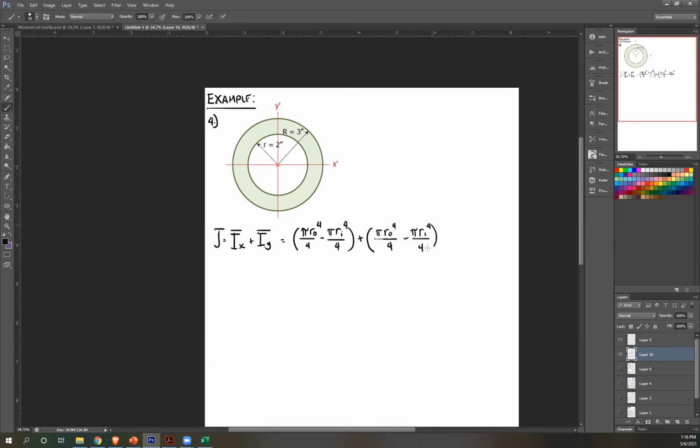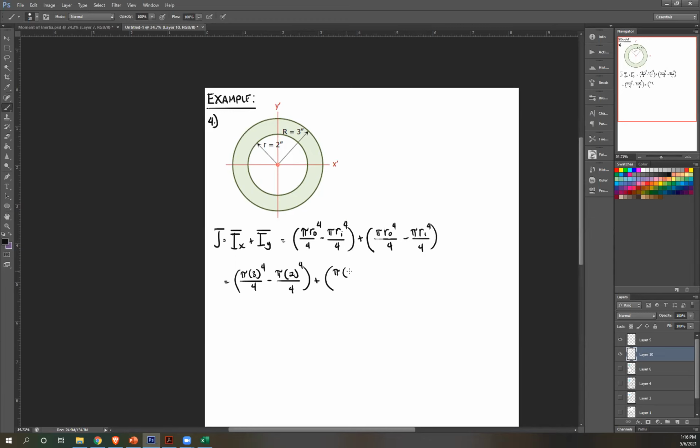Now let's just sub in the values. Ro is 3, so pi times 3 raised to 4 over 4, minus pi times Ri is 2, so 2 raised to 4 over 4. And you can just multiply this by 2 since that's basically the same equation, or we can copy this.